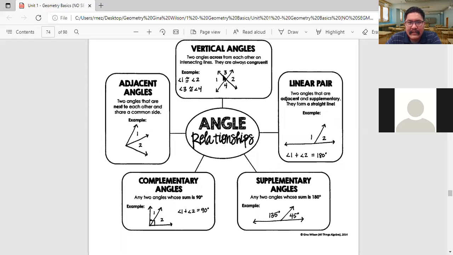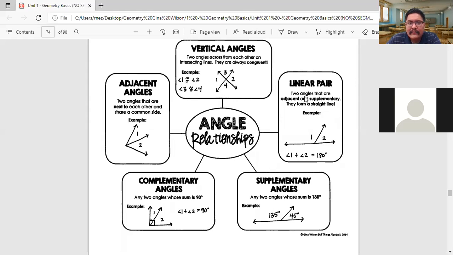In this case, angle 1 is congruent to angle 2, since they're across from each other. And in that same set of lines, angle 3 is congruent to angle 4. The top one is across from the bottom one, so they will be congruent too.